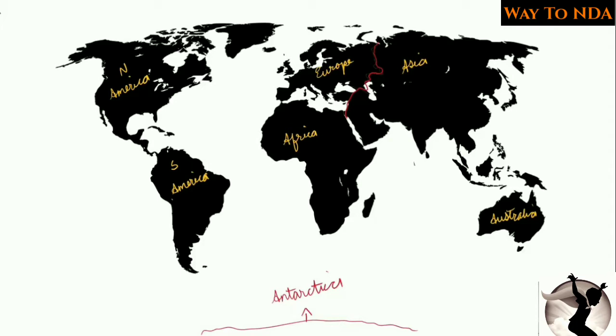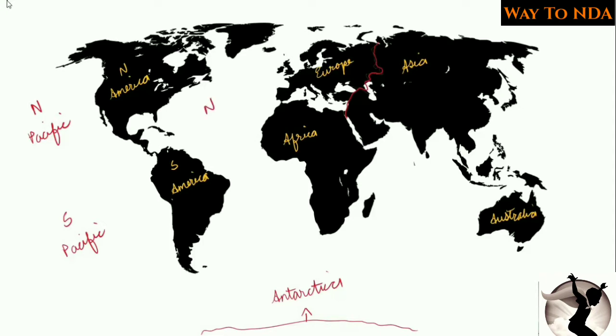Now let's see how many oceans there are around the continents. First you will find the Pacific Ocean. Here is the North Pacific Ocean, and in the south you will find the South Pacific, on the west side of America.